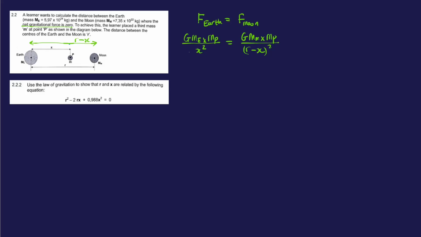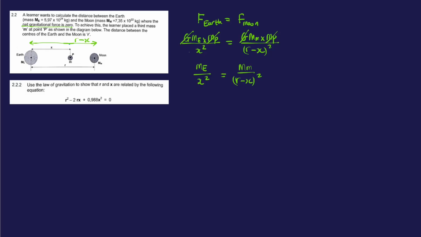So we're going to have r minus x all squared in the denominator. Now, G appears on both sides, as well as the mass of P, so we can cancel them out. That leaves us with the mass of the Earth divided by x squared is equal to the mass of the Moon divided by r minus x, all squared. Now, we do need to rearrange here.